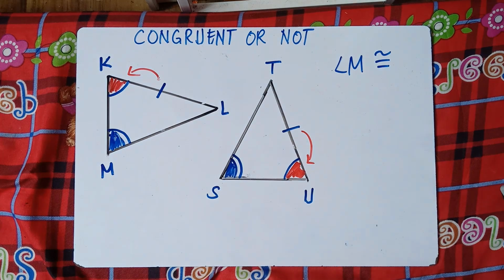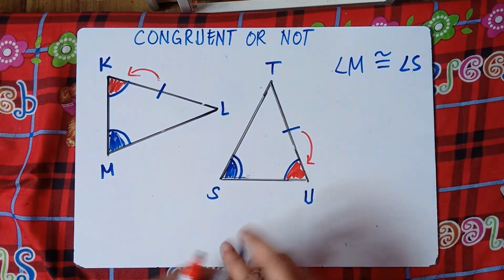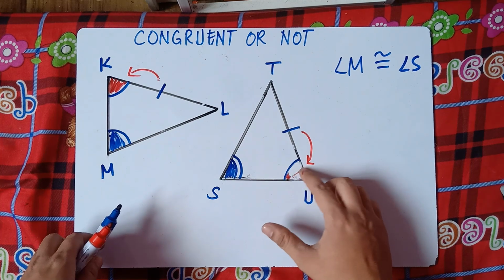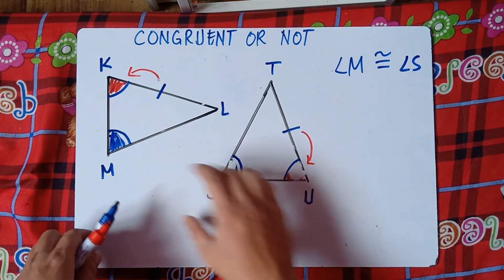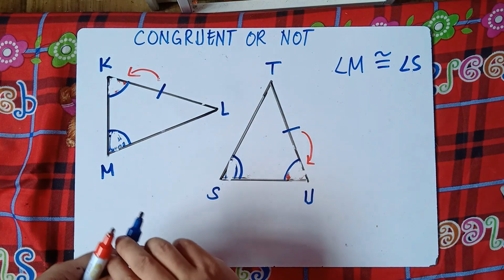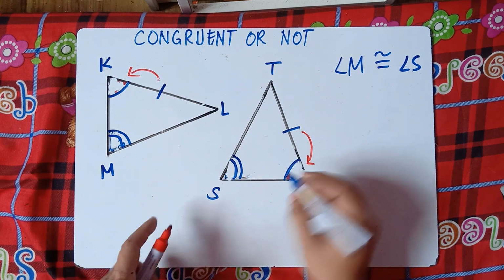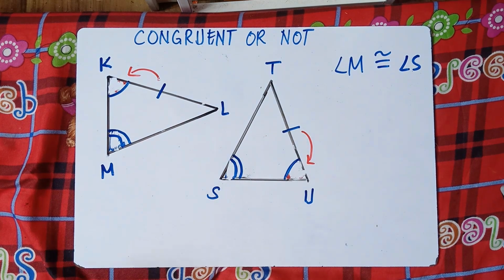Check the markings. So we have angle M is congruent to angle S. If there's no color, you need to check the markings. Assuming that there's no color with this one, we have given two markings, given one marking for angle.